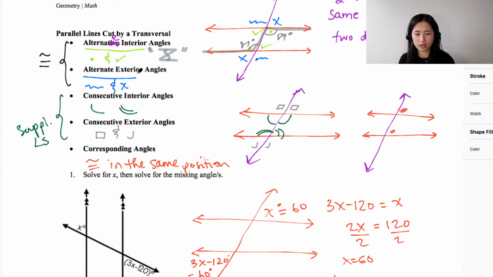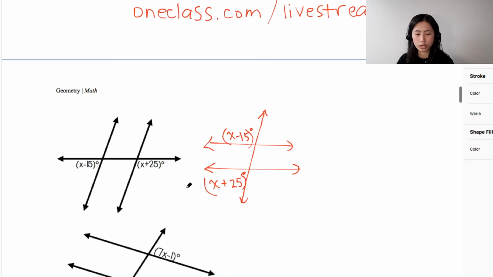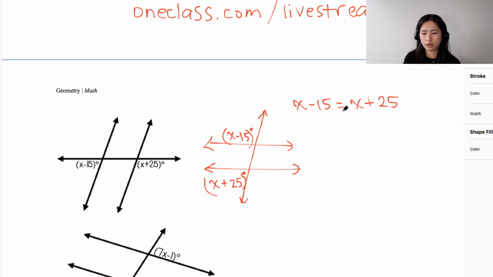We only had consecutive exterior angles. However, because they're corresponding angles, regardless of whether they're interior or exterior, they're in the same position, therefore they're congruent, meaning exactly the same angle. So we can have x minus 15 degrees equal to x plus 25, and then solve for x.